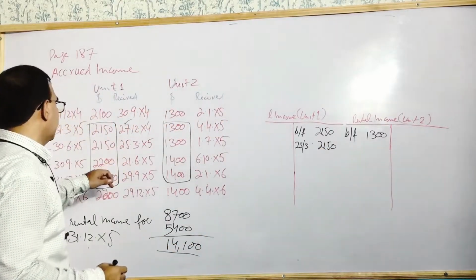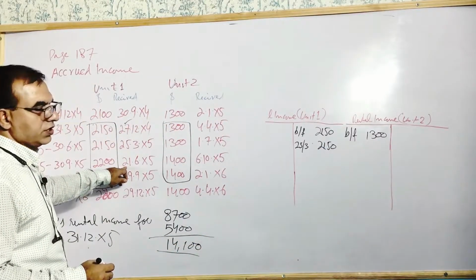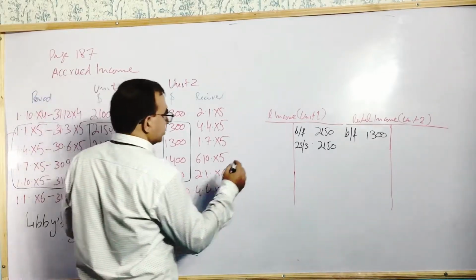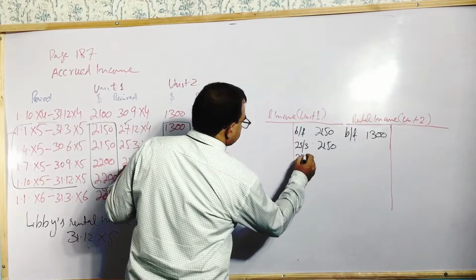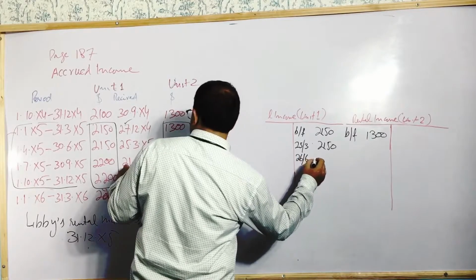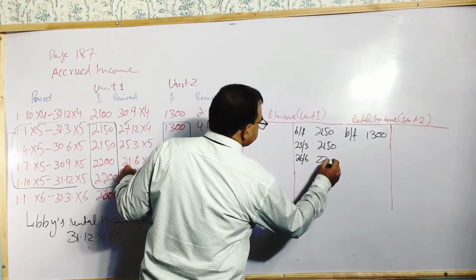2150. Then again on 26th June you received 2200.